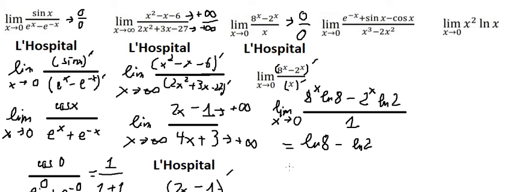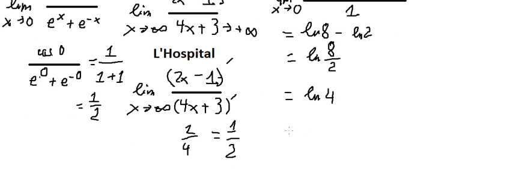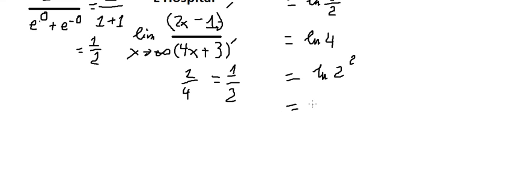So we can write ln of 8 divided by 2, and we get ln of 4, and 4 is ln of 2 to the power of 2, and we can write 2 ln 2, and this is the final answer.